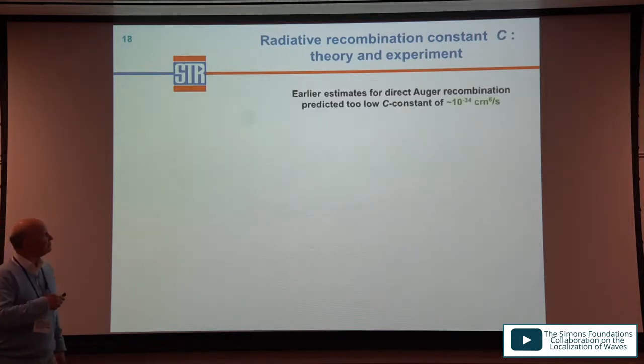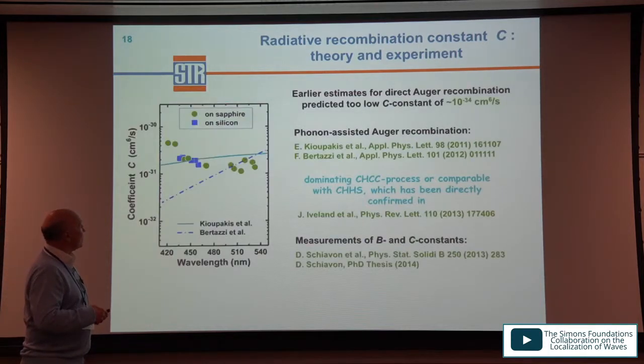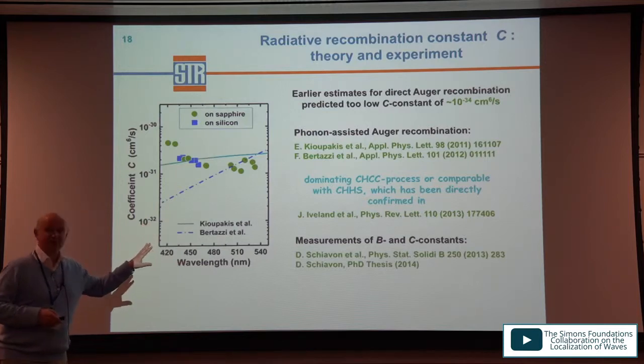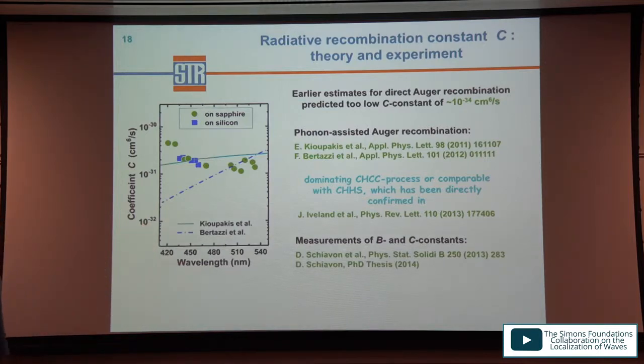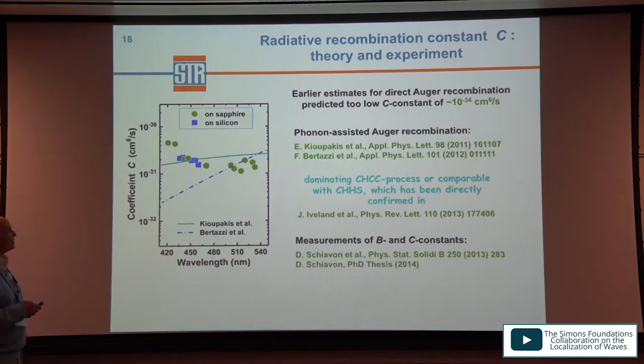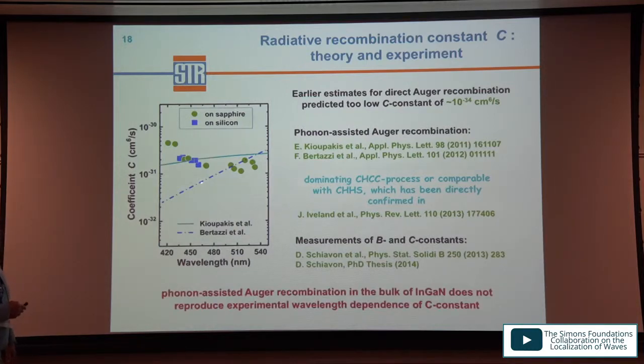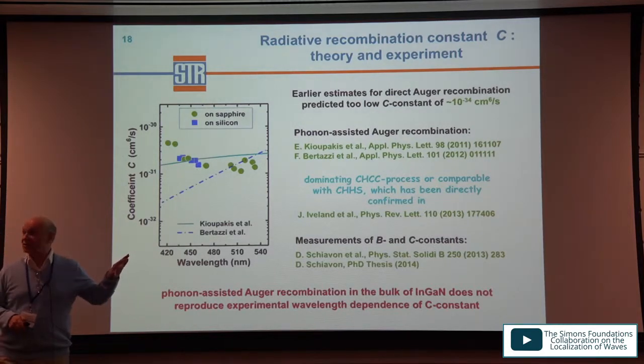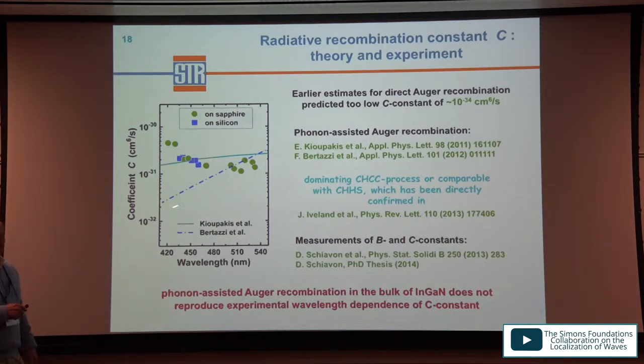And if we consider the Auger recombination, I will skip some history related to the determination of the Auger recombination coefficient. In this case, we can see that the conventional theories suggested by Kioupakis and Chris Van de Walle obtained values very similar to the experimental data, but the slope is also different.